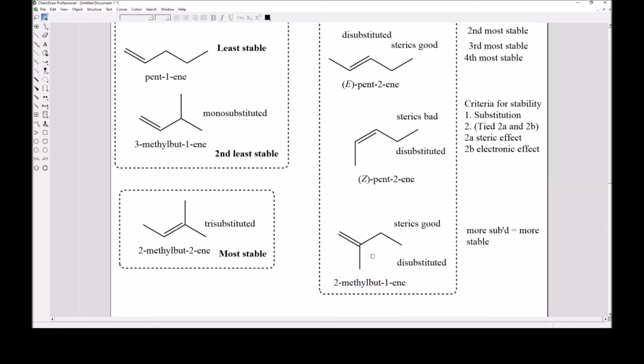So this is not a cis arrangement. The ethyl group and the methyl group are not cis relative to each other. They're coming off the same carbon, and the carbon's trigonal planar geometry itself addresses the problems associated with sterics. So we don't worry about the steric problems with the groups coming off the same carbon. We have to worry about the steric problems with groups coming off opposite sides of the double bond.